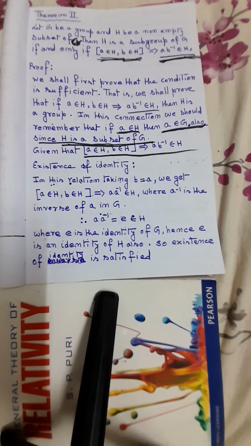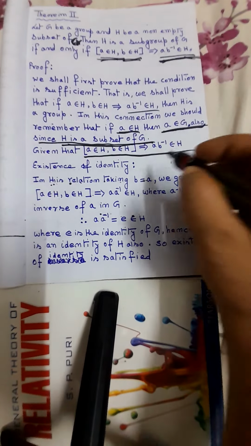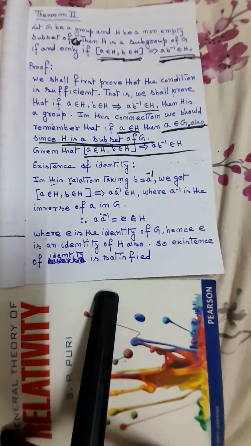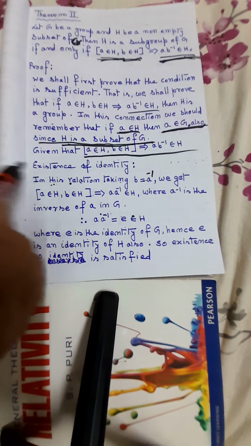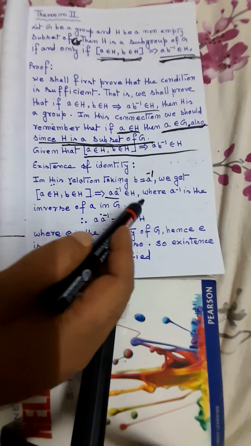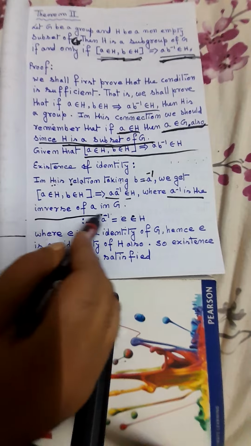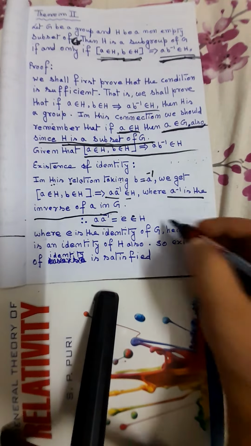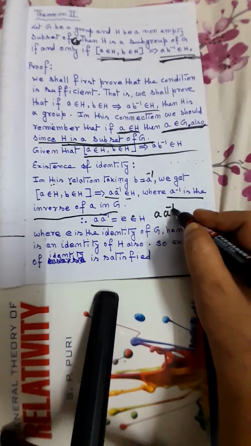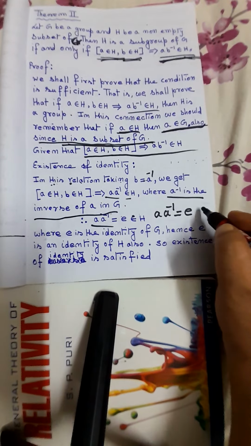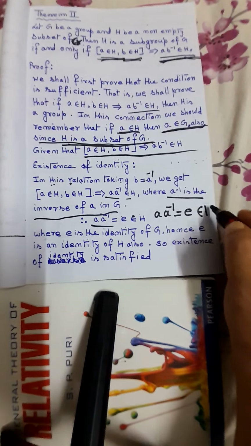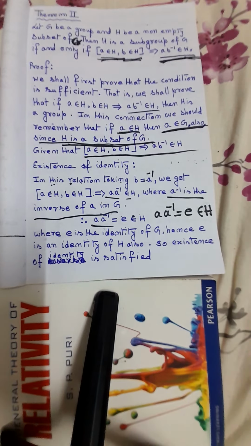Or you can consider it like this, that b equal to a inverse. Then what we will get? We will get that a a inverse, where a inverse is the inverse of a in G, gives us the identity element which will belong to H, and we know e is the identity of G, hence e is an identity of H also.